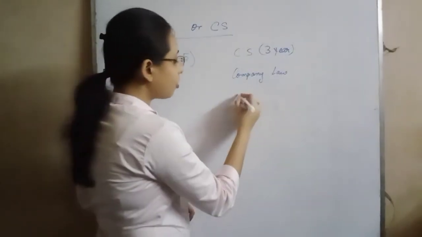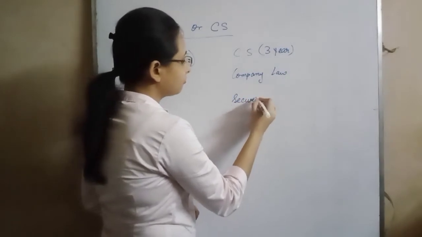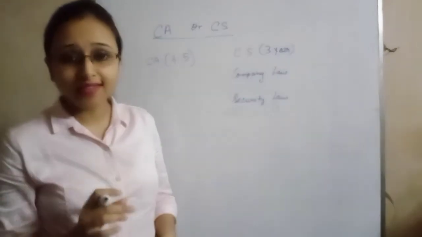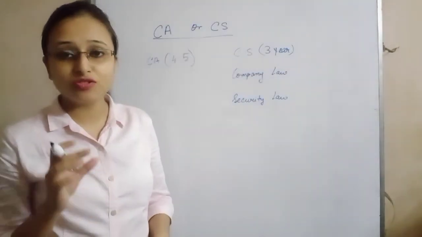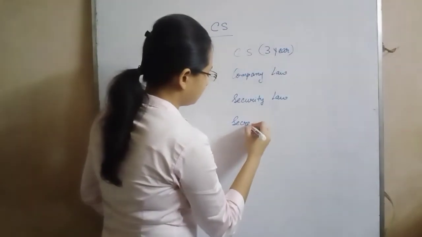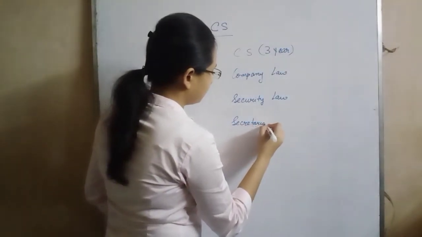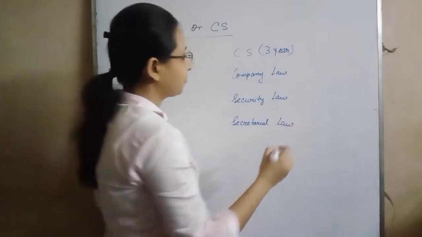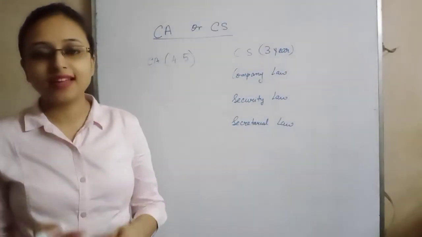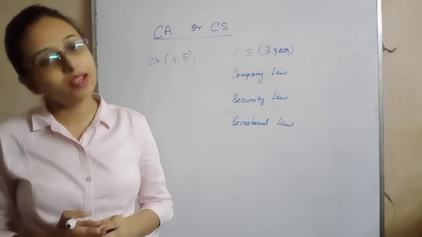Next, security law. And one last law is there which is very much important, that is secretarial law. So these are the main topics that our CS syllabus will be covering.